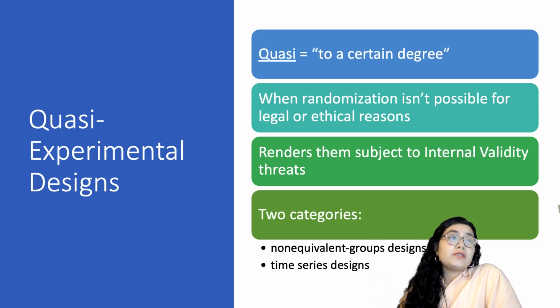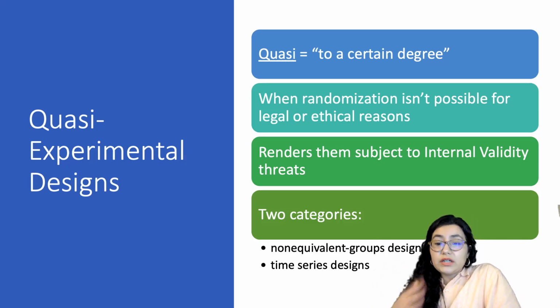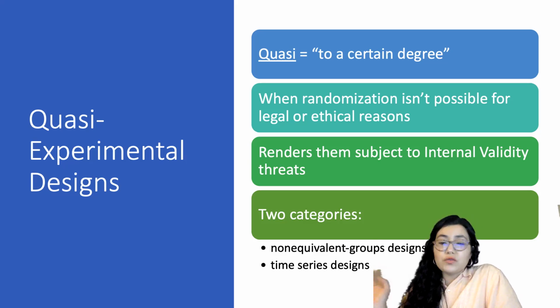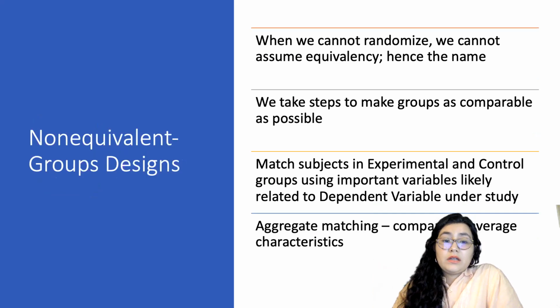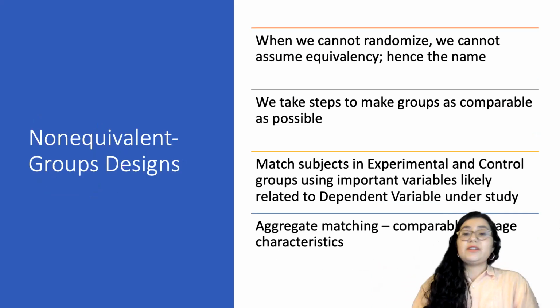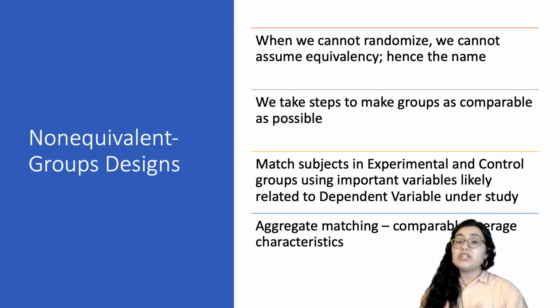And then there might also be multiple observations over time, so time is a big influence in that. So with non-equivalent group designs, when we can't randomize, we can't assume equivalency. We take steps to make the groups as comparable as possible.